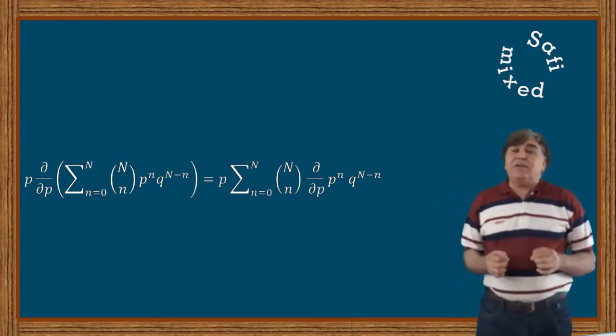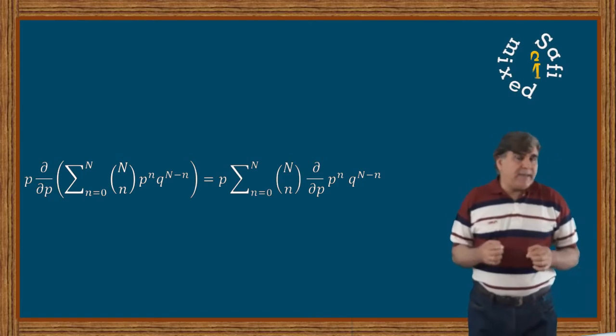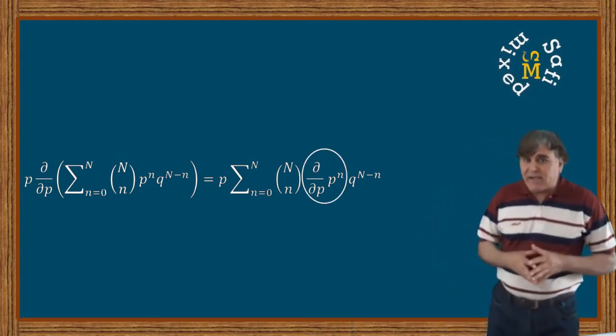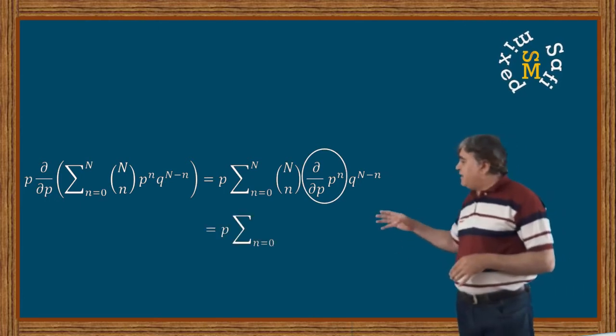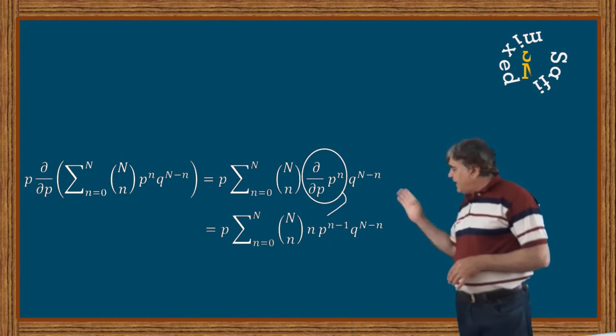Since we are considering Q independent of P, therefore applying the operator partial over partial P to the term P power n, I can write that as n P power n minus 1, and the whole relation can be put into this form.